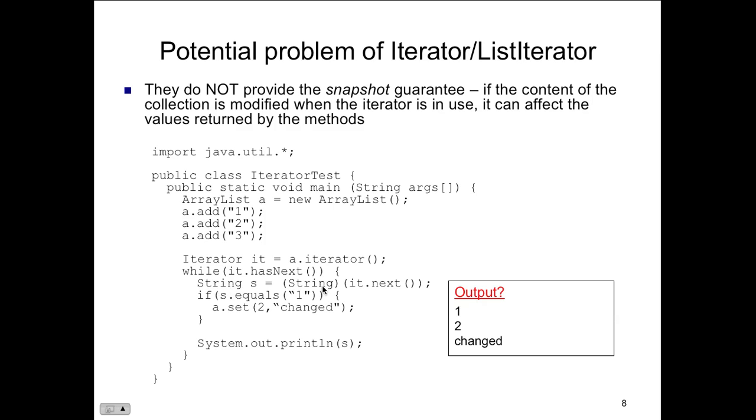What we're doing here is going through and saying if the item that we've pulled out of the next of the iterator of the list is 1, then set the item to 2, changed.